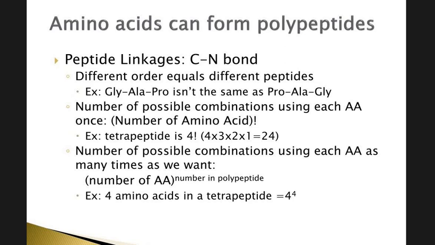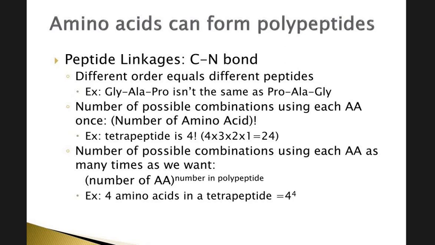If it is 2 factorial, we do 2 multiplied by 1. The example of a tetrapeptide is 4 factorial, that is 4 multiplied by 3 multiplied by 2 multiplied by 1, which equals 24.